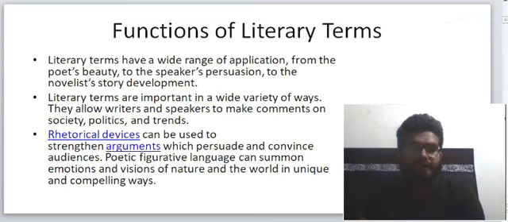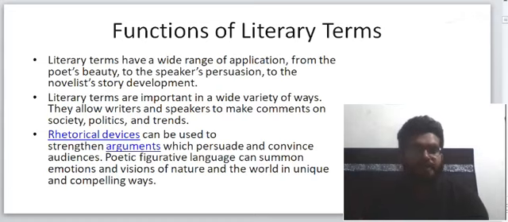They allow writers and speakers to make comments on society, politics and trends. So, once you are familiar with these techniques and how they are employed, what their functions are, you find yourself quite comfortable commenting on novels, short stories, poems that you will be studying as a student of literature.